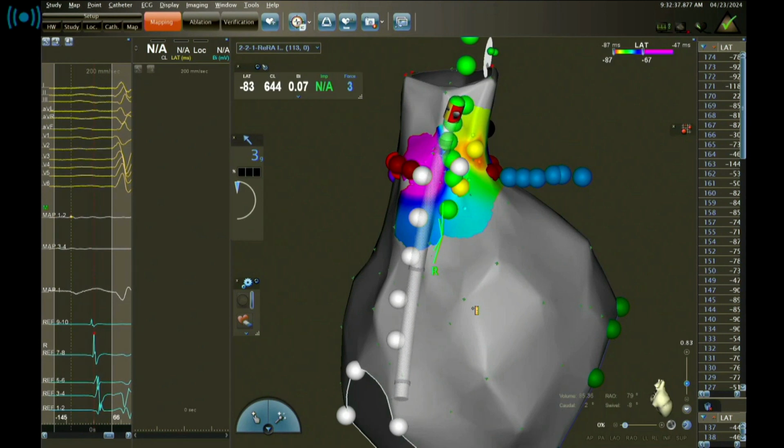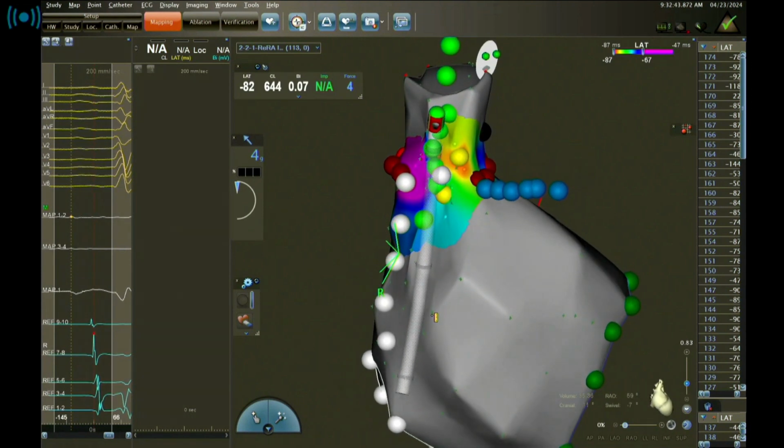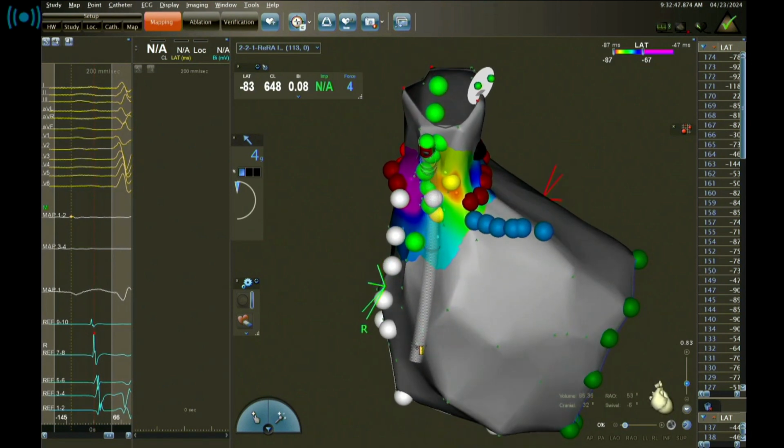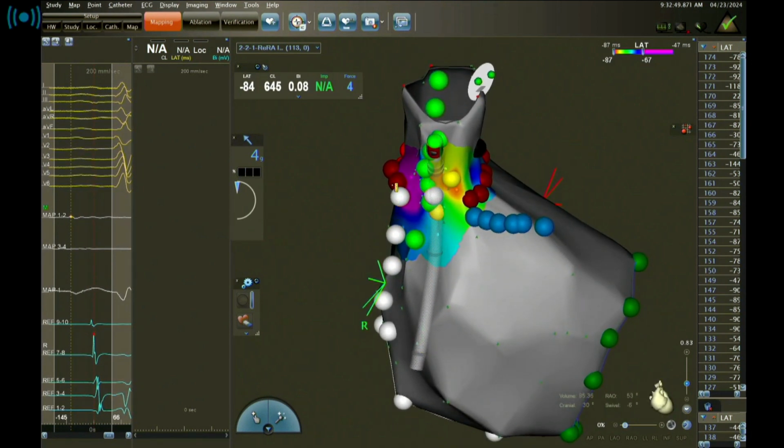So even if you ablate rather distant from the phrenic by this lesion that you can see, there is a gap, I guess 1.5 centimeters, and there was temporary non-capture of diaphragm. Maybe it lasted 5 minutes, and now there is full recovery.